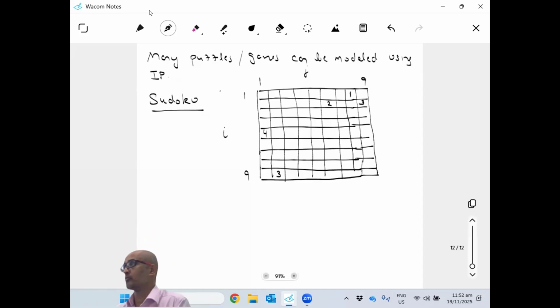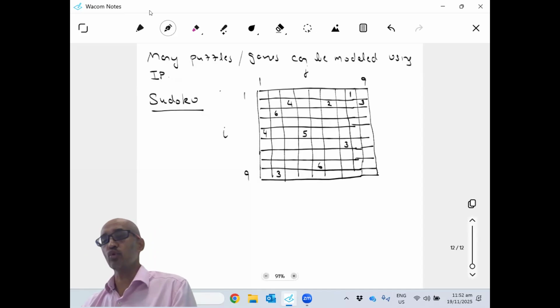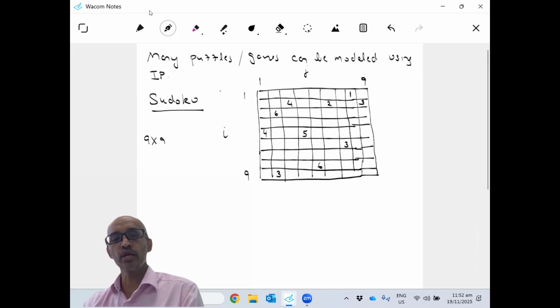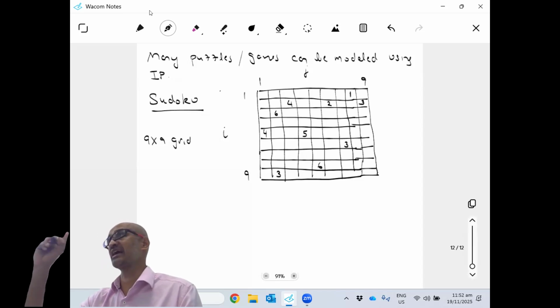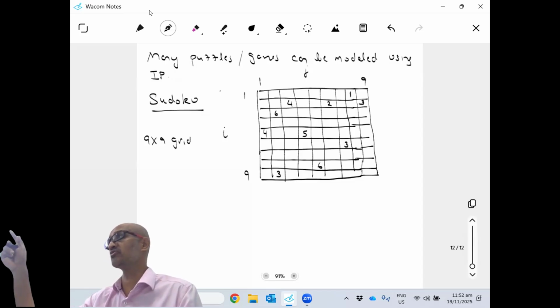So what is the rule of Sudoku? If I give you numbers of this type, okay, I'm just putting in some numbers. I don't know if this one has a solution or not. Let's say something like this. What Sudoku says is it's a 9 by 9 grid. You need to fill in the numbers so that every row contains exactly one of each of the 9 numbers, right?